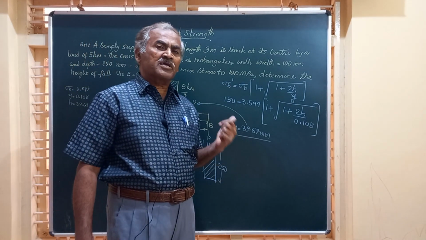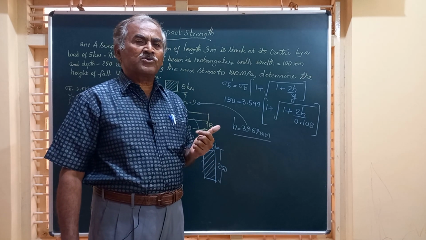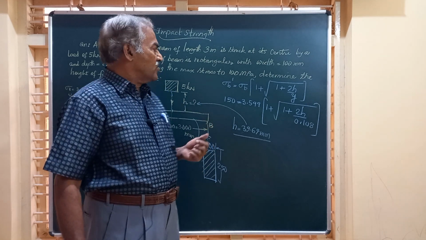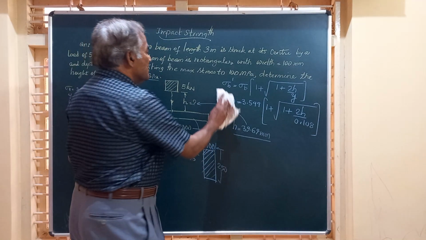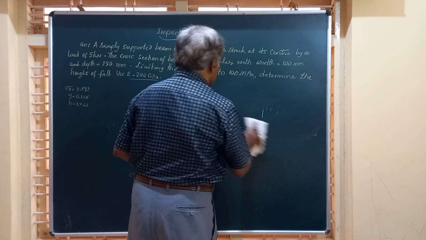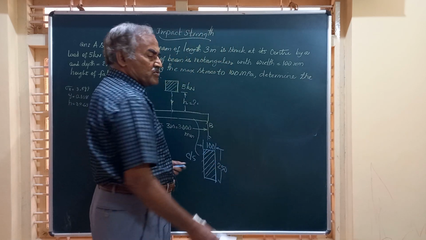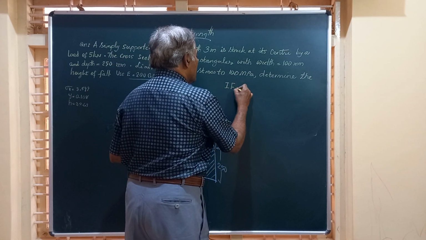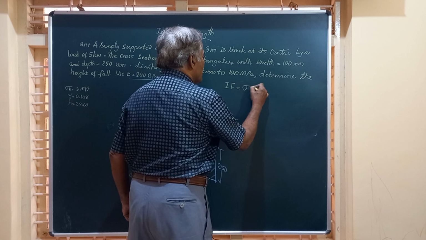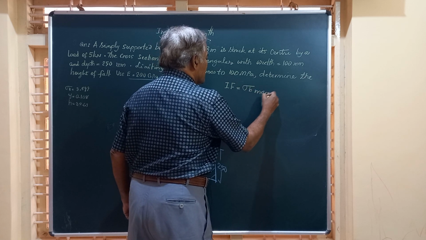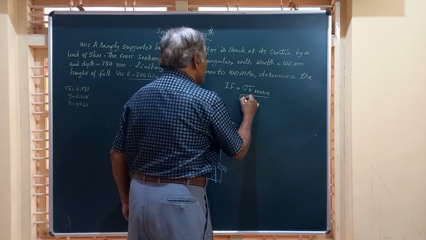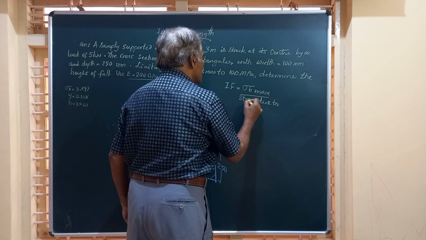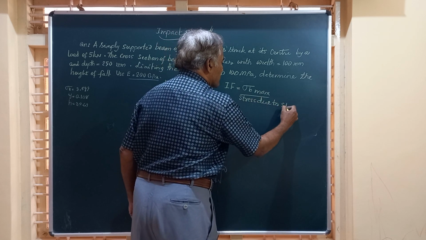And friends, in the same problem, they may even ask you to find out the impact factor. You know very well, impact factor is the ratio of the maximum stress to the stress due to static load. So in this case, impact factor IF is equal to sigma B max divided by the stress due to static load, the bending stress due to static load.